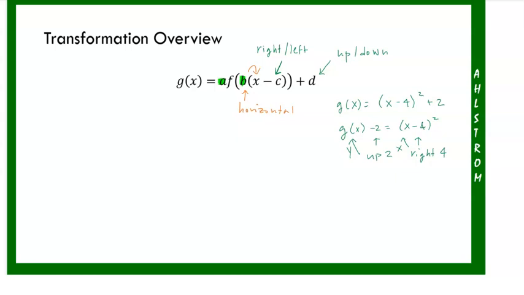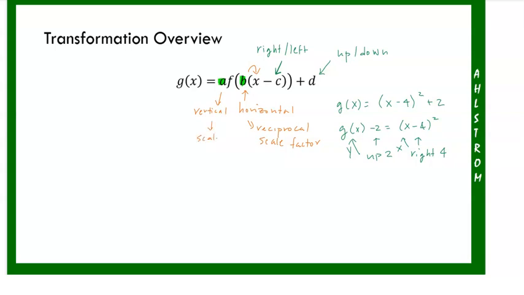And then we realize that we have to take the reciprocal of whatever that is, and that becomes the scale factor that we are going to multiply the x by. And then the a is going to be the vertical dilation, and we don't have to take the reciprocal.